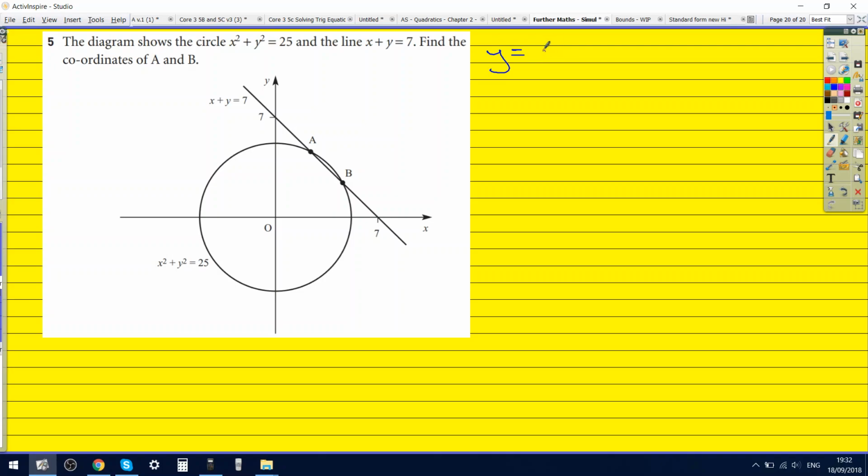So x squared plus (minus x plus 7) squared is 25.